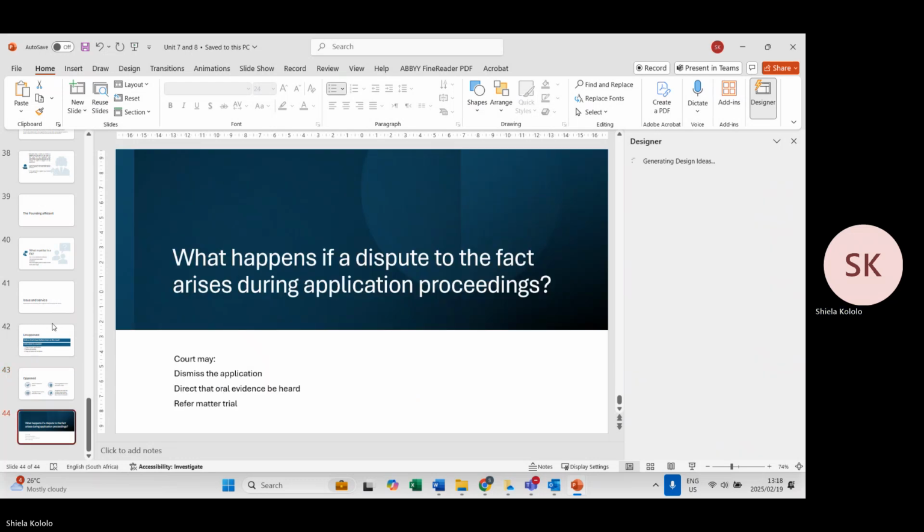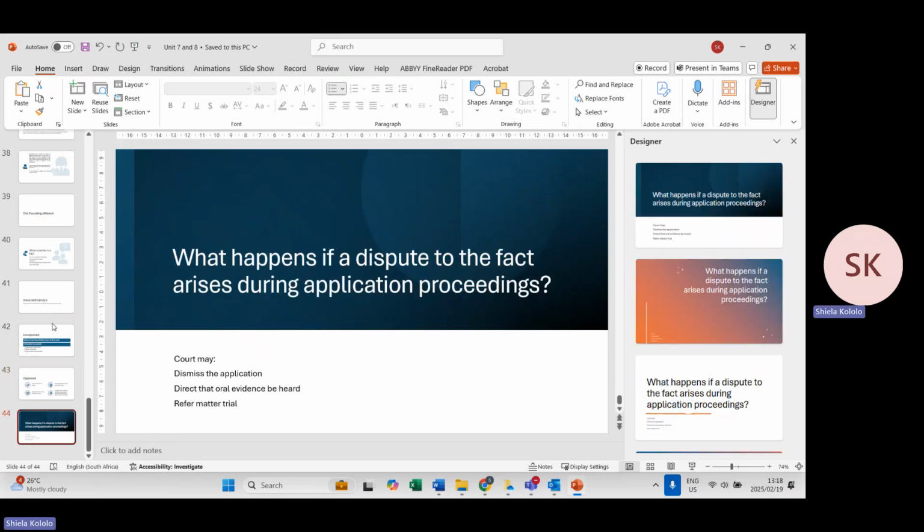And then what happens if a dispute of fact arises during application proceedings? So we know with application proceedings, there is no dispute of fact, hence we can decide it on paper. But what happens if a dispute arises? If a dispute arises, then the court may dismiss the application. They may direct that the evidence be heard and/or refer the matter to trial.